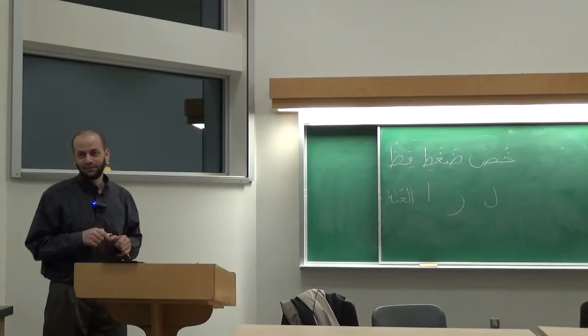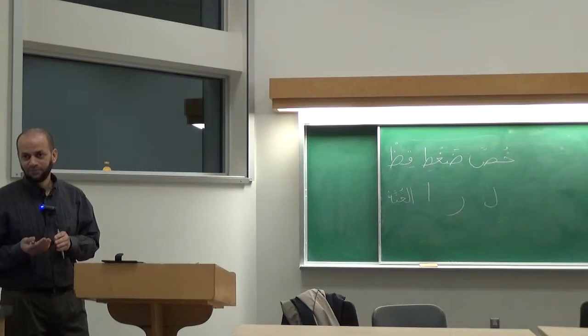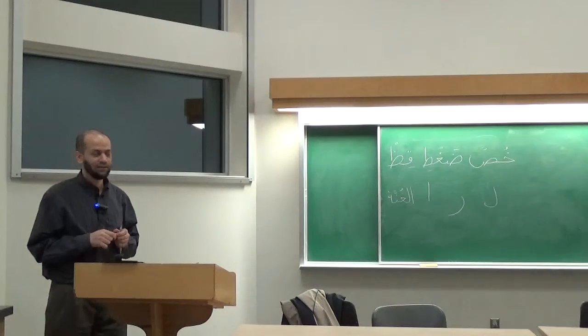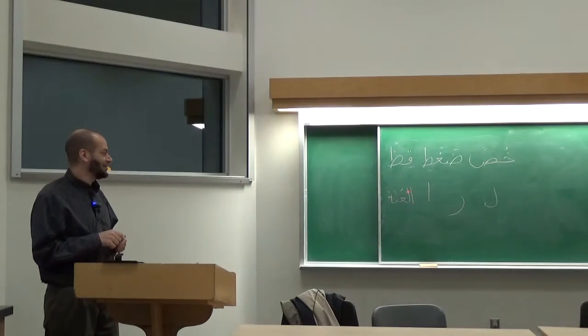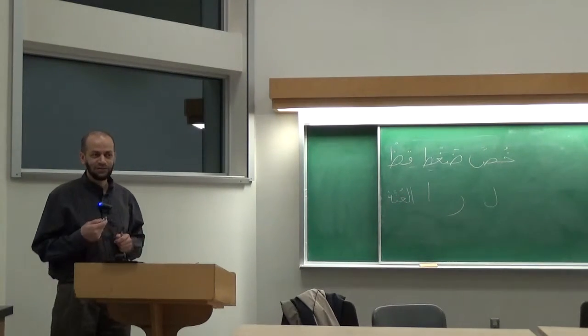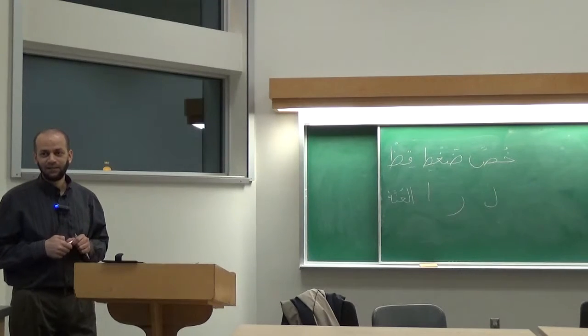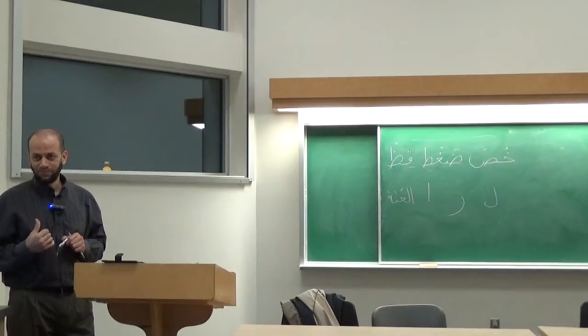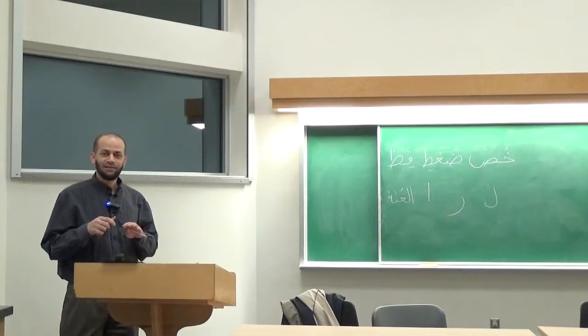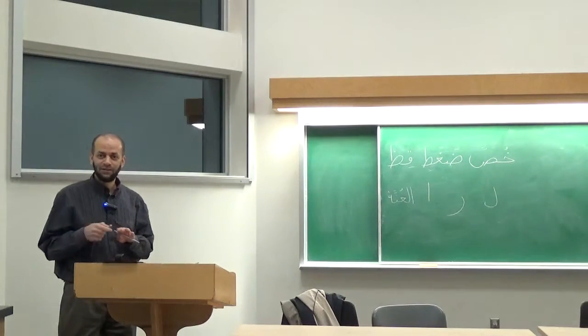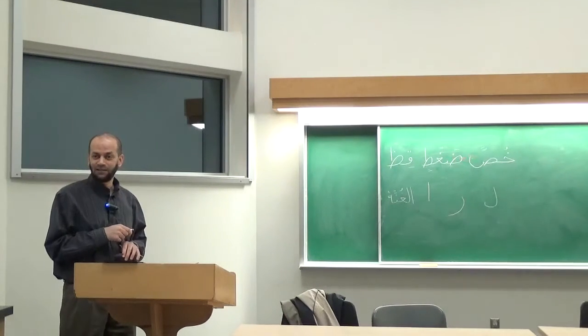That's what I'm trying to say. The ghunna happens either in the idgham or the ikhfa, right? So I was trying to say that it is not going to be strong in the idgham. It will be strong in the ikhfa, because in the idgham, the letters that follow the noon are not one of these 7 letters here, right?